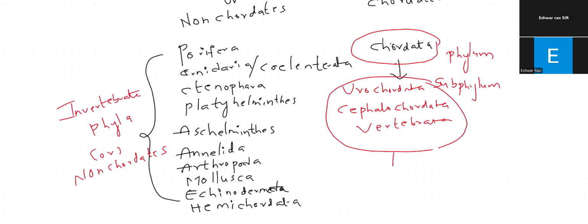Vertebrata has classes like class Pisces, which includes fishes. Amphibia includes frogs and toads.